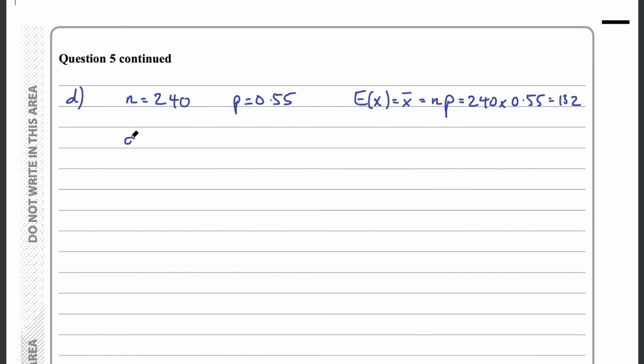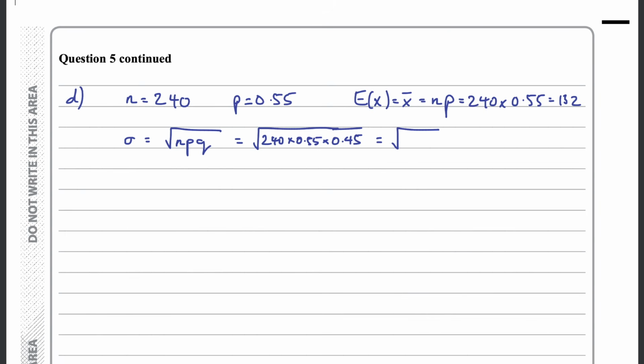And the standard deviation of a binomial is the square root of the sample size multiplied by p multiplied by q, q being the probability of failure. So this is going to be the square root of 240 multiplied by 0.55 multiplied by 0.45. So that's just 1 take p.